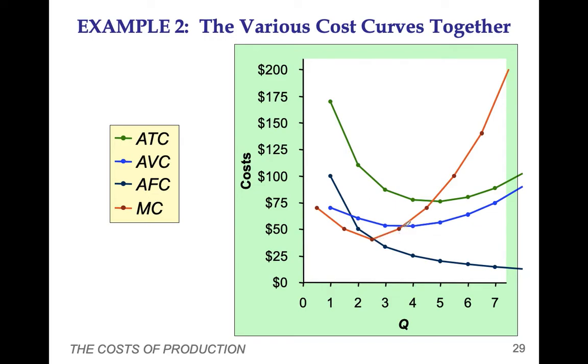And note that the marginal cost curve crosses the average variable cost at its minimum and crosses the average total cost at its minimum. This is an important observation, an important lesson we learn from drawing all curves in the same plane.